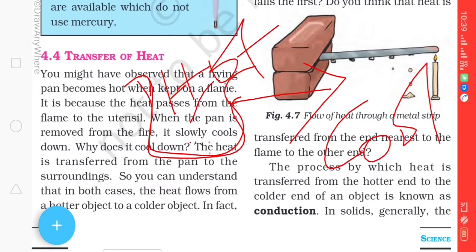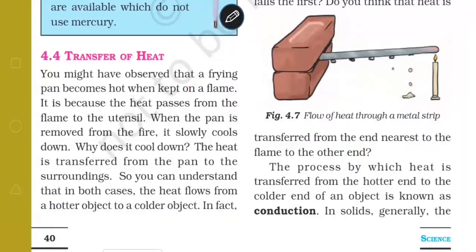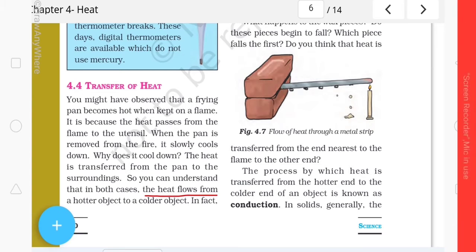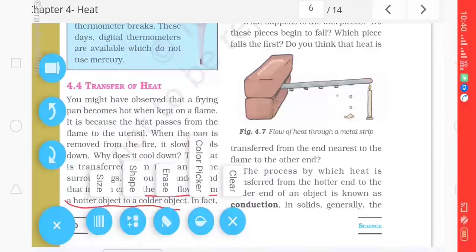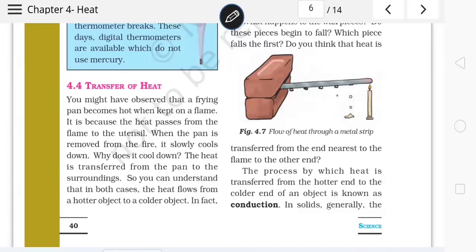So the heat again gets transferred from the hot pan to the cool surroundings. So in both cases we can see that the heat flows from a hotter object to a colder object. The transfer of heat will always take place from a hotter object to a colder object.